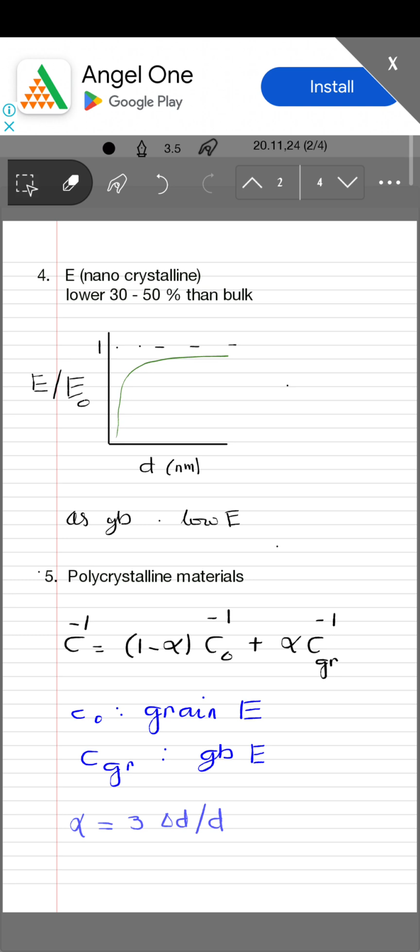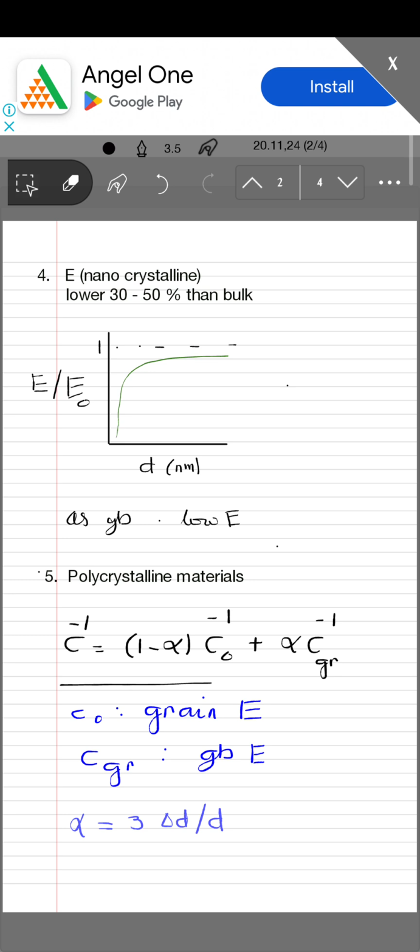Now, in polycrystalline materials, if we take a general consideration, the grain elastic modulus is dependent upon this parameter alpha, which is delta d by d, where delta d is the grain boundary width and d is the grain diameter.